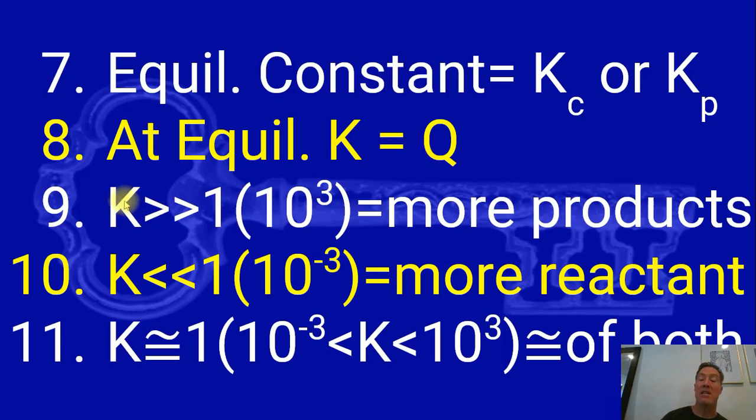K tells us at a glance whether products or reactants are favored. A K value that's much, much greater than 1, basically 1,000 or more, will produce more products. A K value much less than 1, basically 1/1,000 or less, will produce more reactants. Something in between, between 1/1,000 and 1,000, we consider to be around 1, and you will have roughly equal amounts of both.